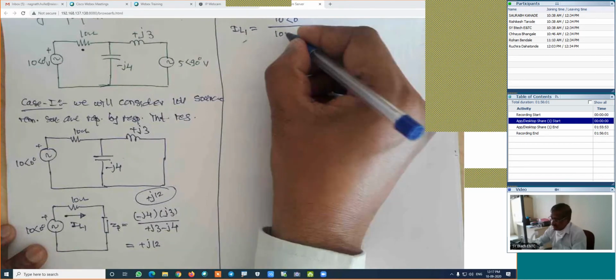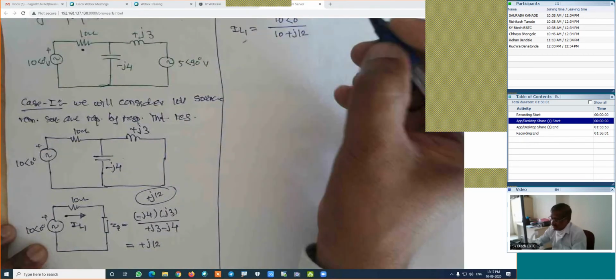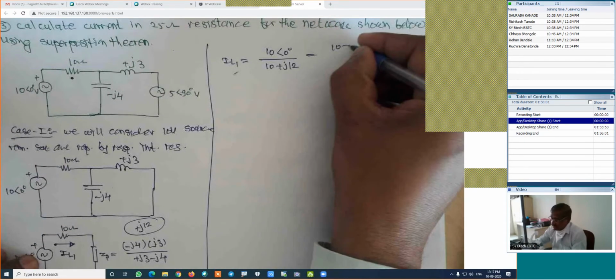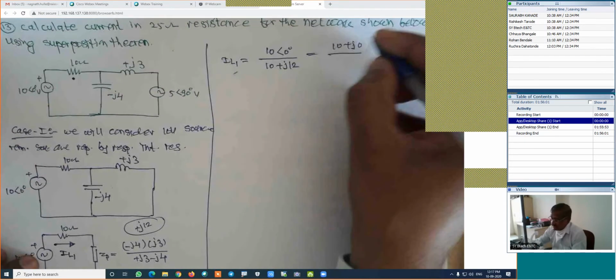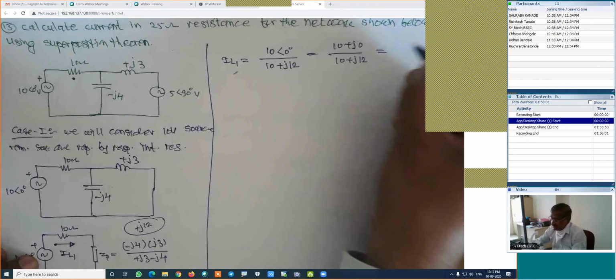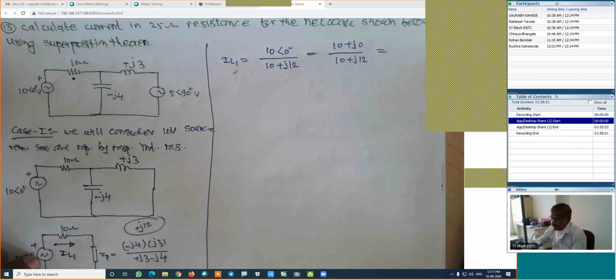This total value will be 10 plus j12. This is the same as 10 plus j0 divided by 10 plus j12. Find out this value, and that will give the current.